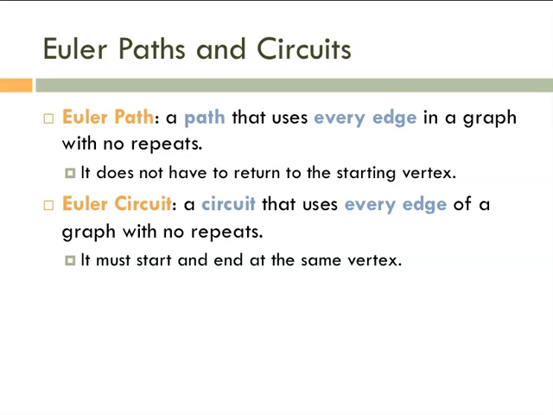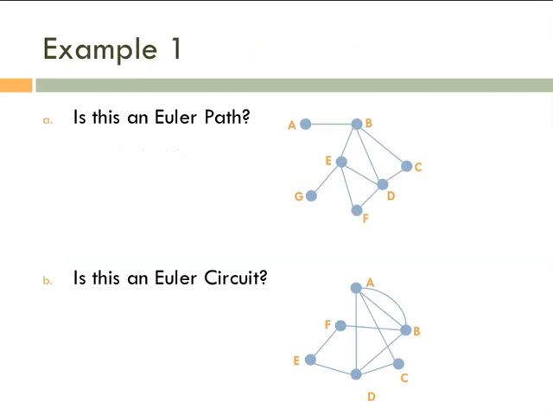Okay, so let's take a look at an example. We're going to determine whether this first one is an Euler path and whether that second one is an Euler circuit. So for this first one, is this an Euler path?